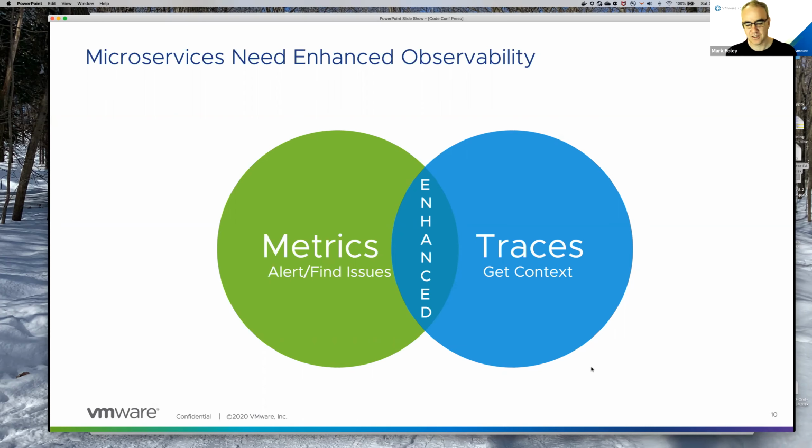And as you've just seen earlier, tracing is pretty easy to implement in your application. If we wanted to do metrics standalone, then potentially that's more code that will need to go into our environment. Whereas just by doing the tracing, we automatically generate the metrics, and they're really good metrics that give us really great insight into our application. But let's have a look at what this looks like in Tanzu Observability.